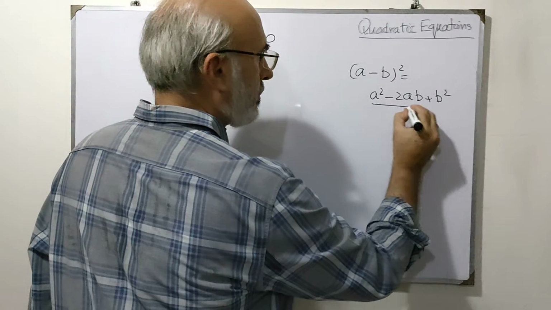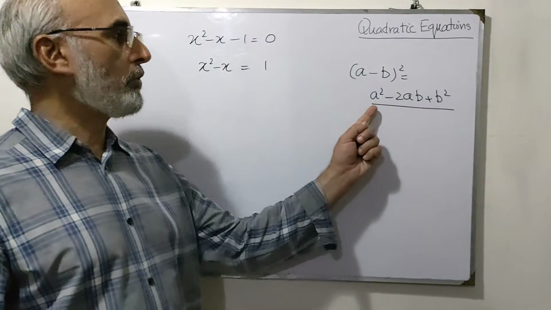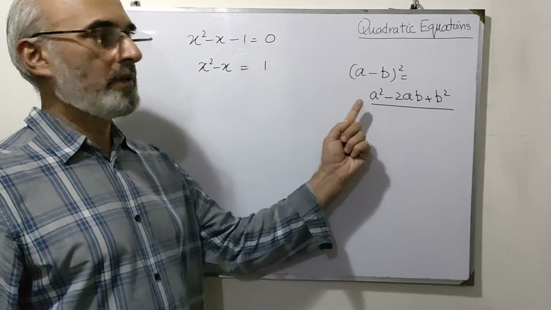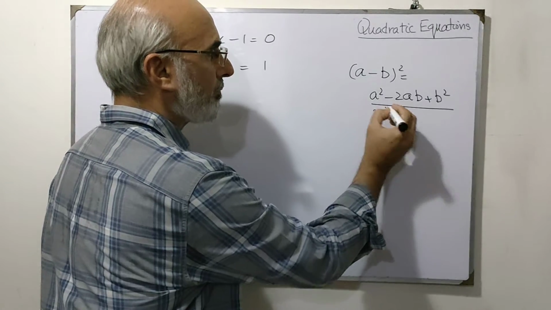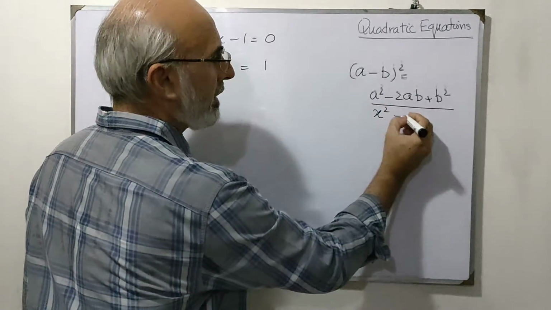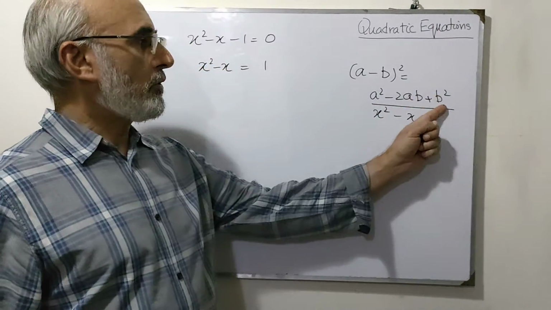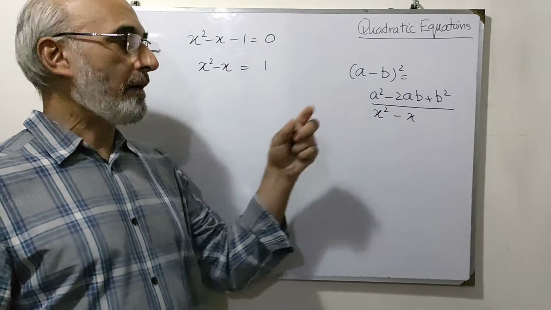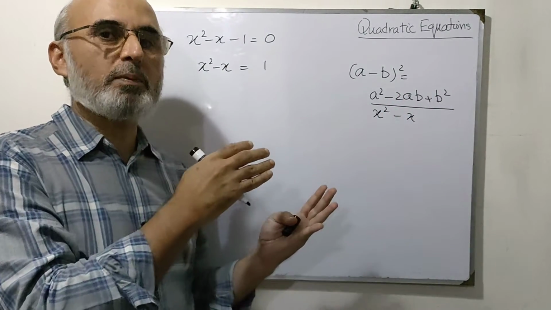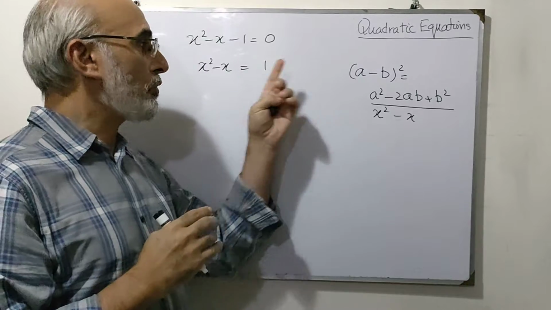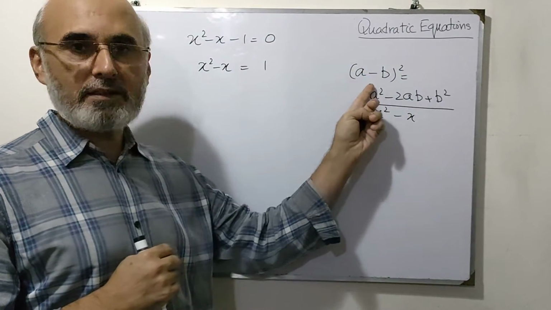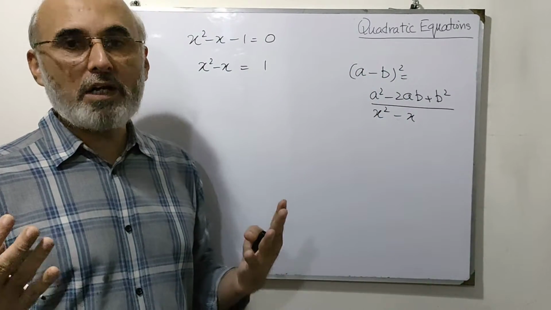I'm going to use this because I know if I have here x square and minus x, but I don't have this plus b square here. I'm going to introduce this plus b square to get this form, which is the form I need.